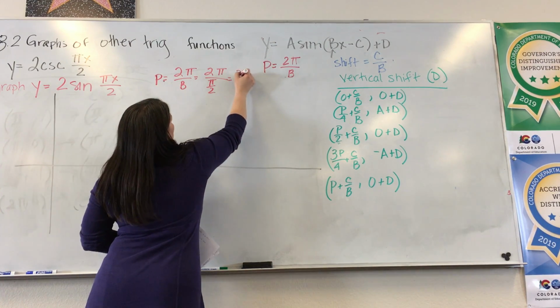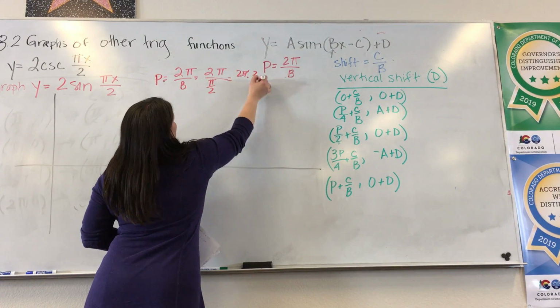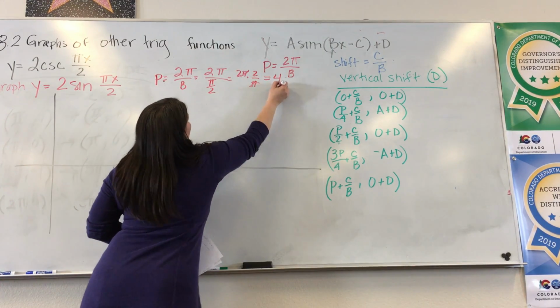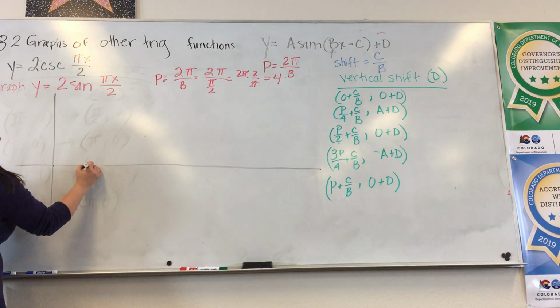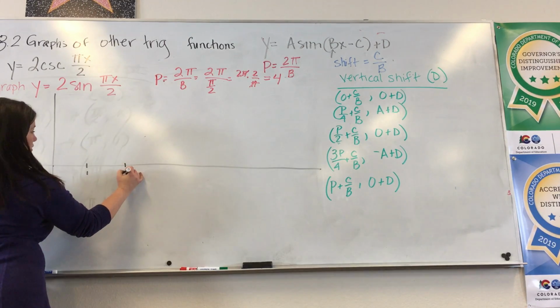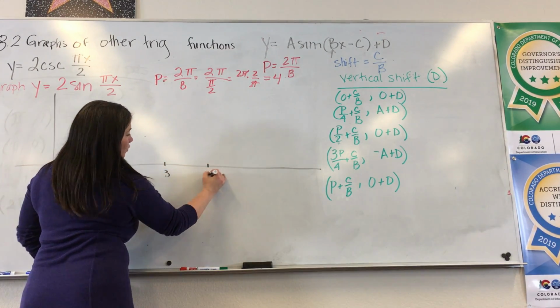So that is 2 pi times 2 over pi. So the period is 4. So now I know that I need to make my scale to 4, right? So here's 0, 1, 2, 3, 4.